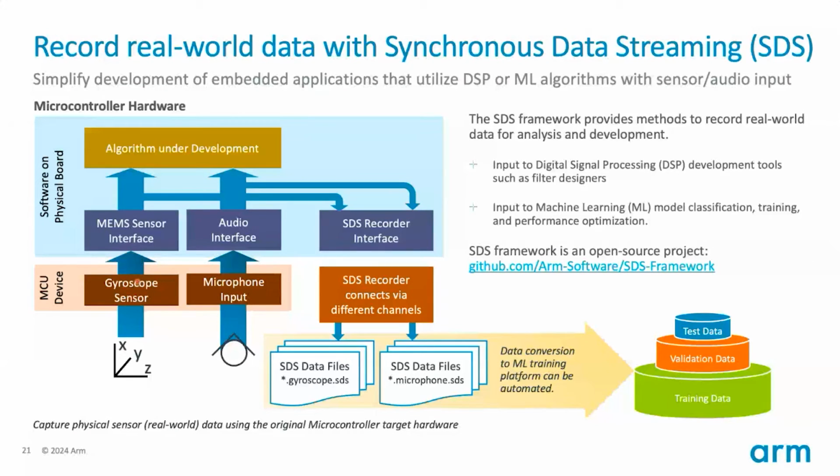For each of these channels, for the gyro, for the microphone, you get different SDS data files: gyroscope SDS and microphone SDS. This data is now available in a machine-readable format, and you can convert it for the ML training platform to be automated. So you get nice training data that you can use to run your ML model, or you can also use it as test data wherever you want.